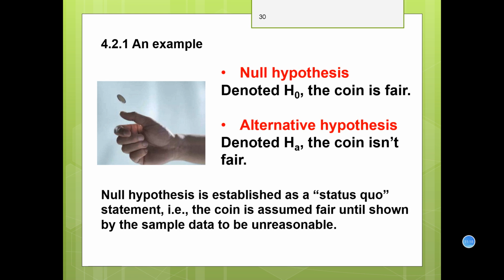The null hypothesis, denoted H0, is that the coin is fair, and the alternative hypothesis, denoted HA, is that the coin is not fair. The null hypothesis is established as a status quo statement. For example, the coin is assumed fair until shown by the sample data to be unreasonable.